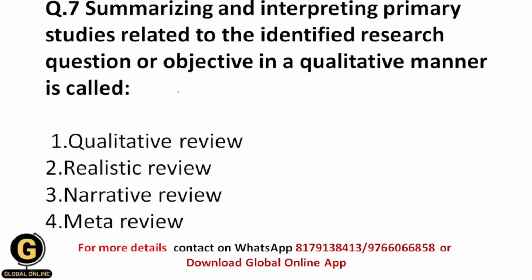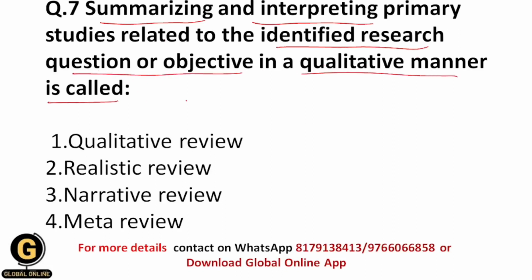Now, in this question, summarizing and interpreting primary studies related to the identified research question or objective in a qualitative manner is called. So whenever you are summarizing and interpreting primary data by relating it with the identified research question or objective in a qualitative manner, what do we call that type of review?